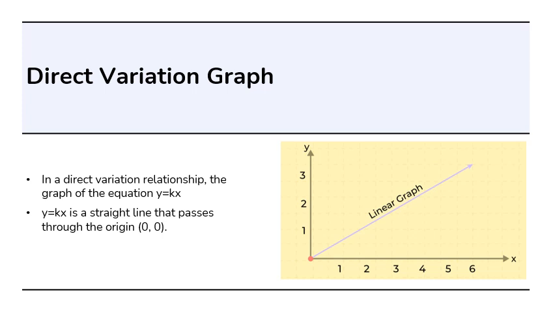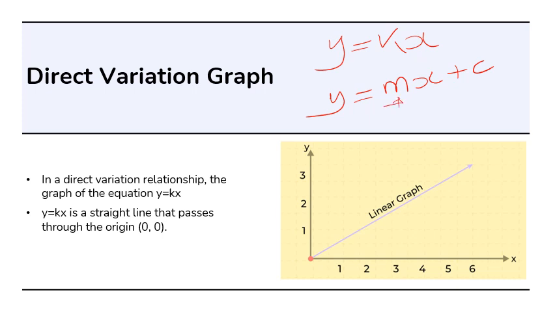Now, let's look at a direct variation graph. In a direct variation relationship, the graph of the equation is a straight line. If you look at this equation, it is the equation of a straight line. We said the equation of a straight line is y is equal to mx plus c, whereby m is the gradient.